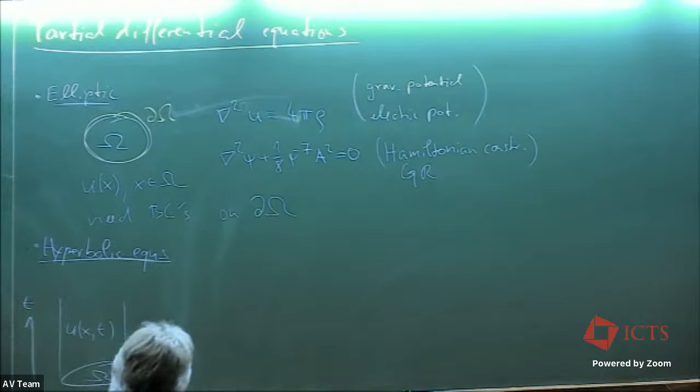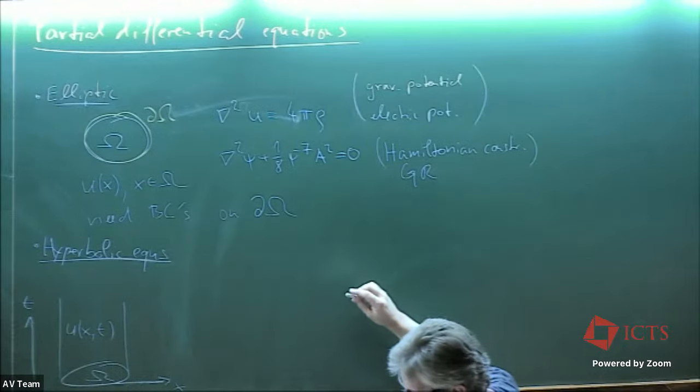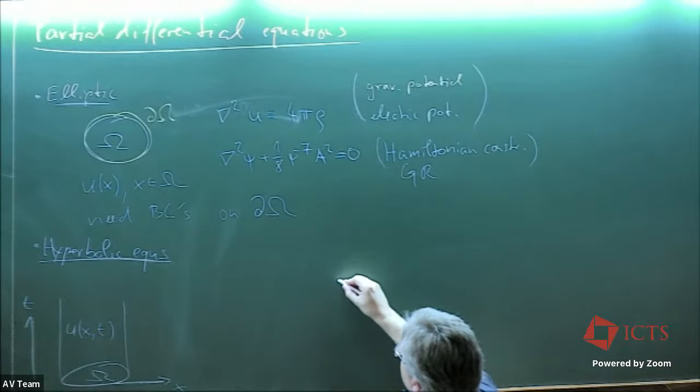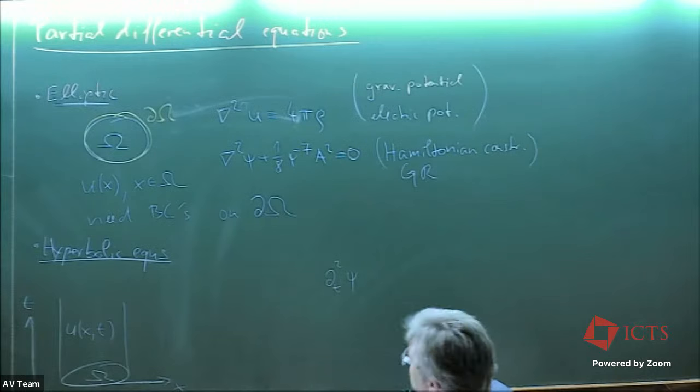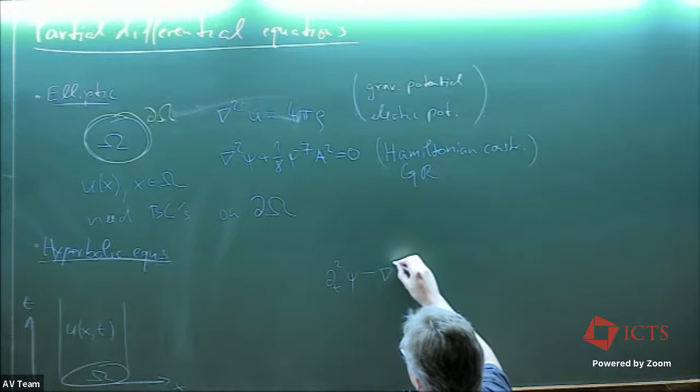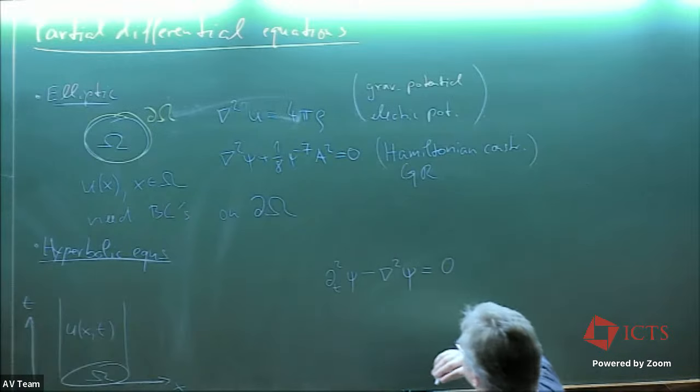The prototypical equation here is the one that Geoffrey has already put up, namely that the second time derivative of a certain function, I tend to call it psi, he called it g, minus the second spatial derivatives of the same function equals, well, 0 or a source, doesn't really matter.